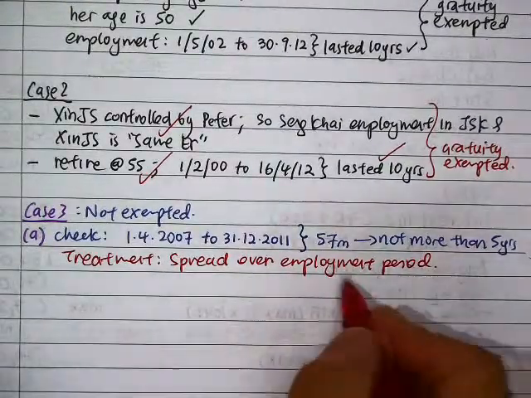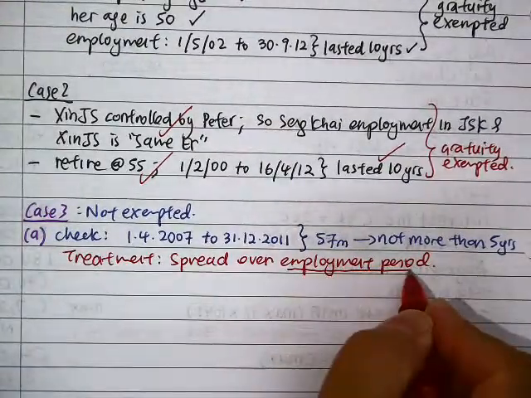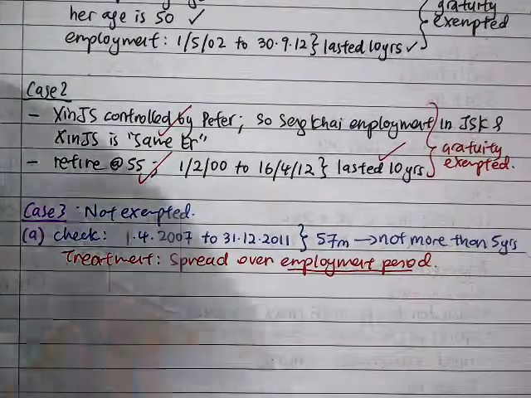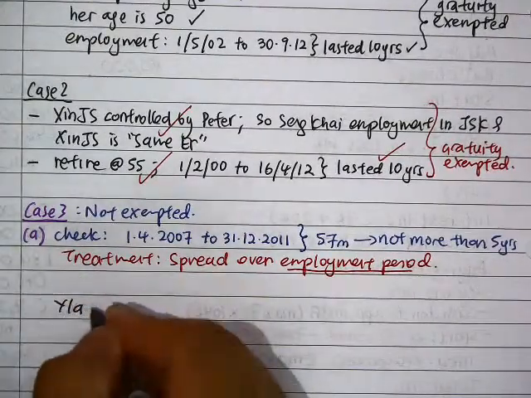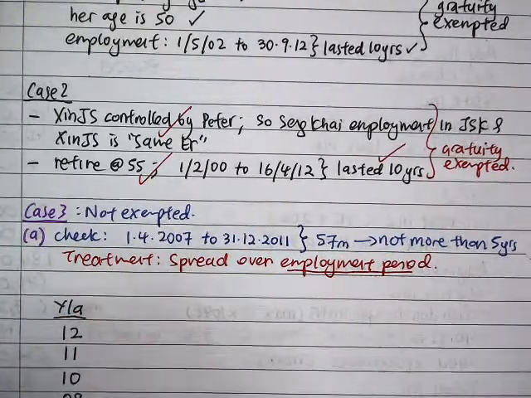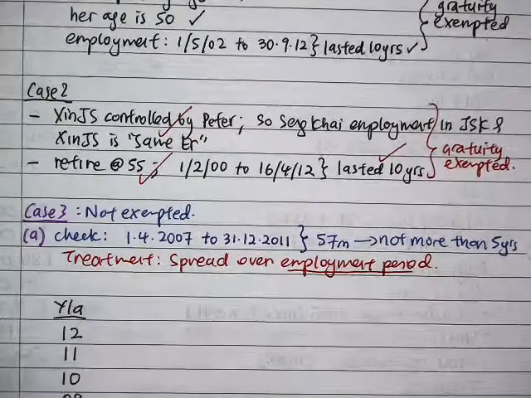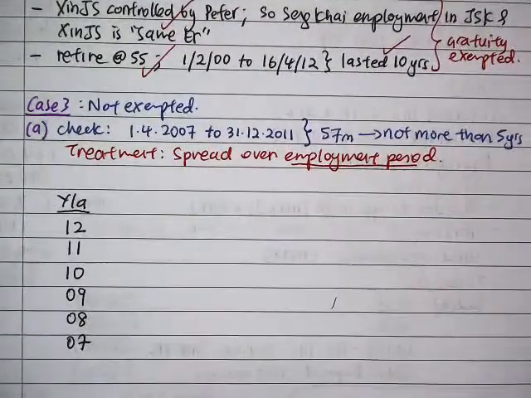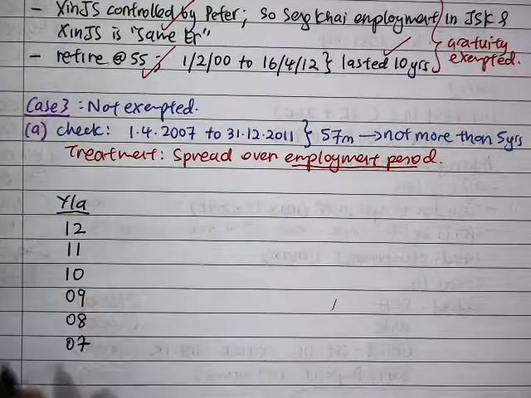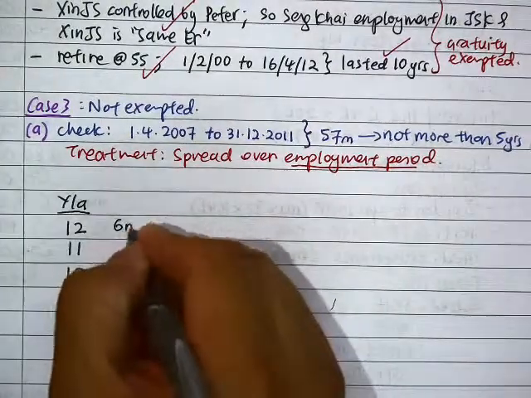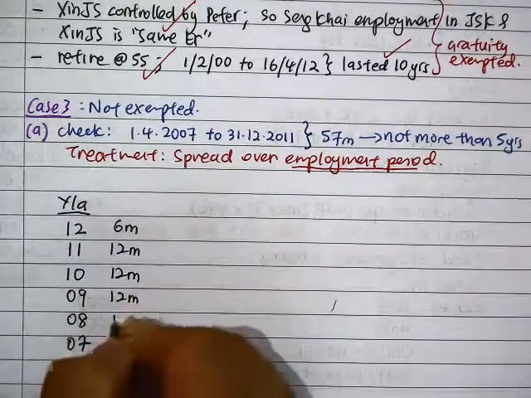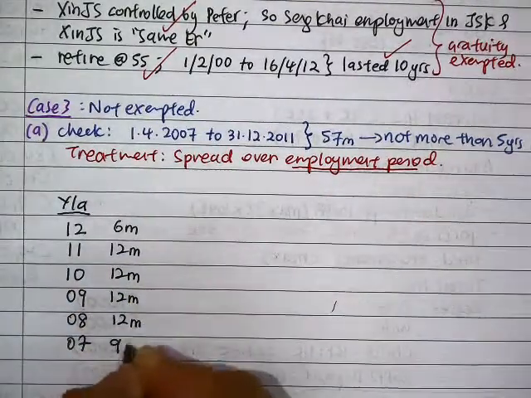Its employment period is not the period above. So if you spread back over the employment period, you notice that in YA 12, 11, 10, 9, 8, 7, the retirement is June, so the months are 6, 12, 12, 12, 12, 9.